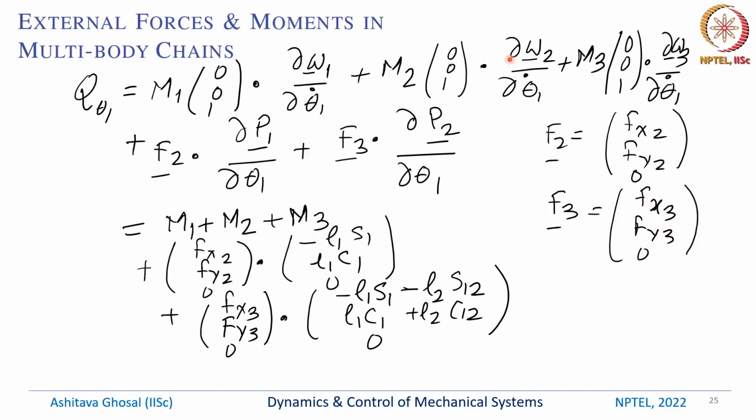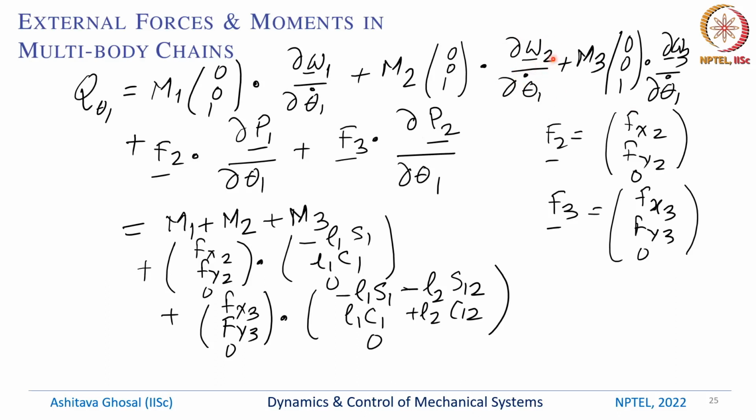So if you simplify all these things, we will get M1 plus M2 plus M3, because the partial of omega 1 with theta 1 dot is along the Z axis. The partial of omega 2 with theta 1 dot is also along the Z axis. Omega 2 is actually theta 1 dot plus phi 2 dot.